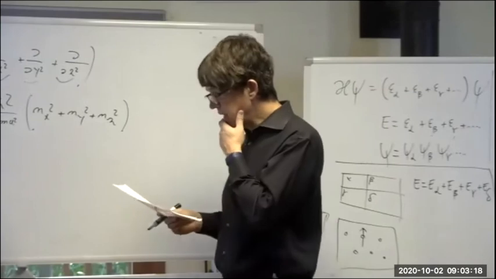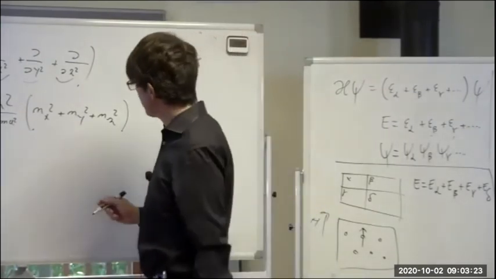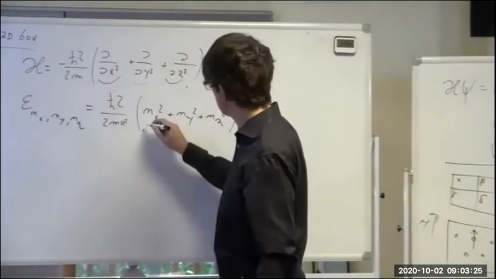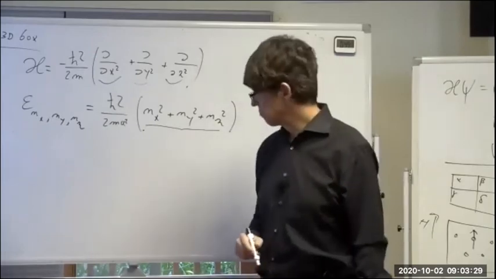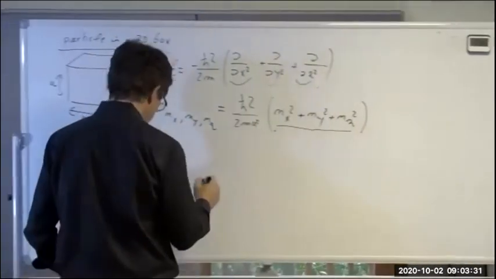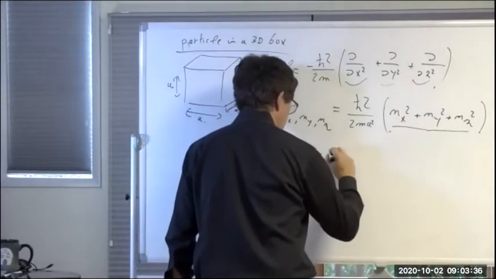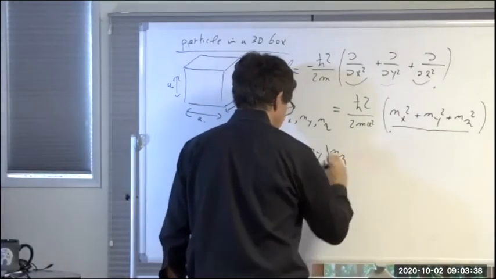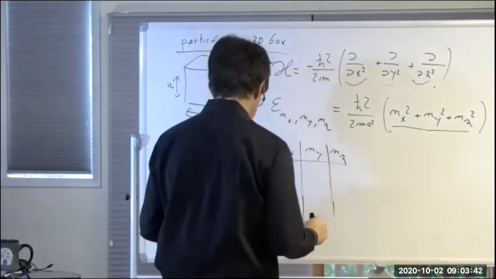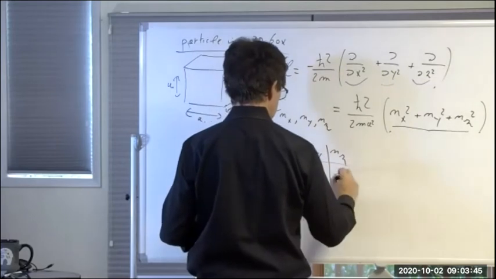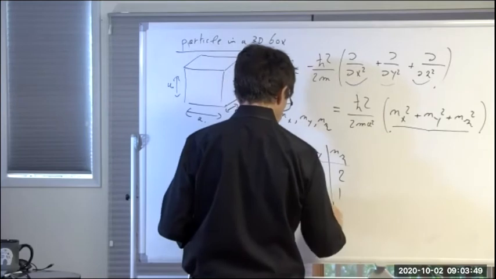And now there are many ways to get a certain energy, right? Because the total energy now depends on the sum of these quantum numbers. So I could make a table here of possible states, right? nx, ny, nz. For example, if I do 1, 1, 2, or I do 2, 1, 1, or I do 1, 2, 1.